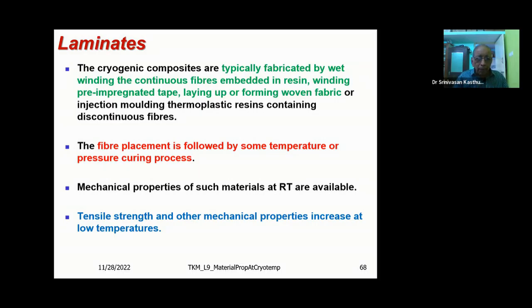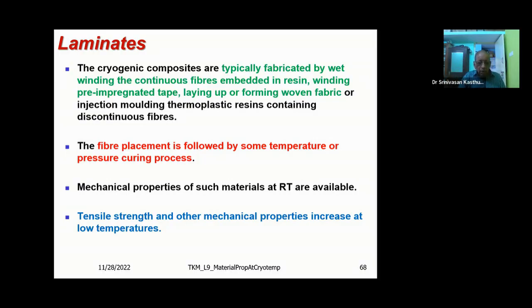Okay, winding pre-impregnated tape or laying up and performing woven fabric, or by injection molding of thermoplastic resins containing discontinuous fibers. Normally, what you do is at the end of the process, you follow a temperature or pressure cooling process. You slightly raise the temperature, then the system gets cured, then you have the final product available.